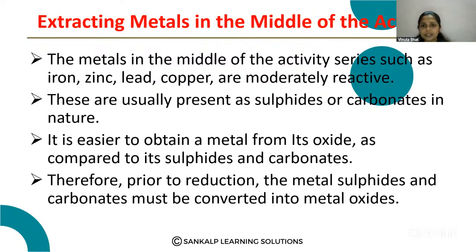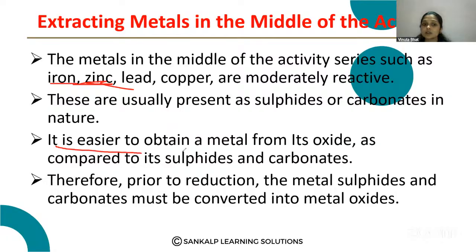These are usually present as sulfides or carbonates in nature. For example, they are found in the form of iron sulfide or zinc carbonate. That is the example: zinc carbonate and iron sulfide. These are the different forms.